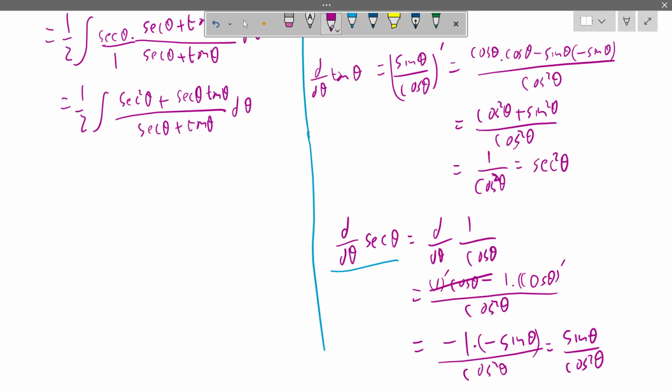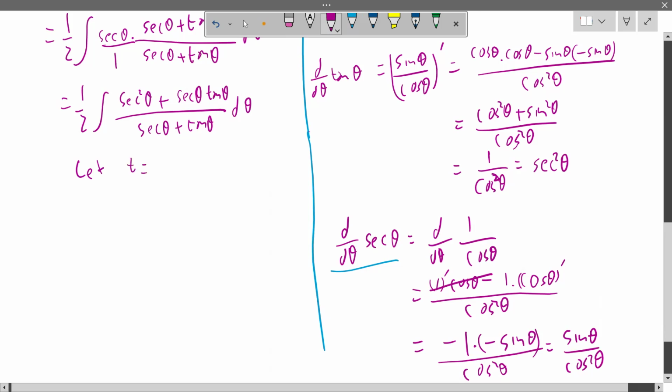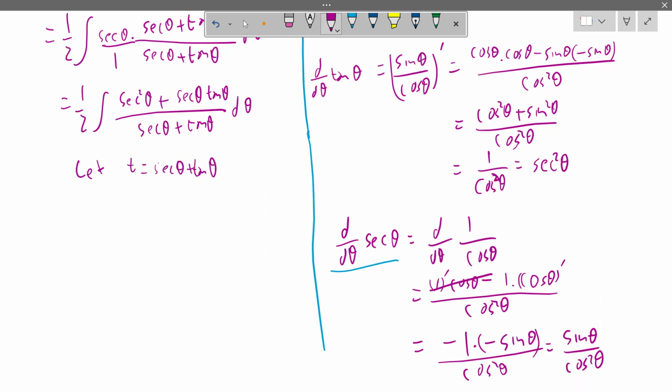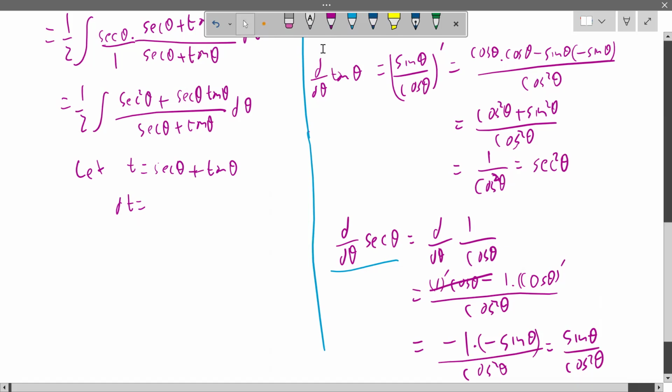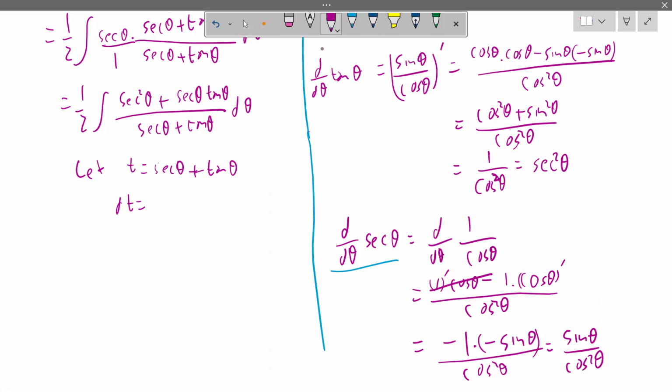So if we let t equal the secant of theta plus tangent of theta, so we have to let the whole denominator here, secant of theta plus tangent of theta, then dt would be equal to the derivative of secant of theta, which is secant theta tangent theta, plus the derivative of tangent of theta, which is secant squared theta, all times d theta.